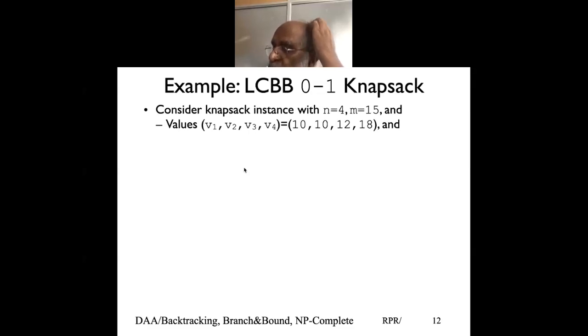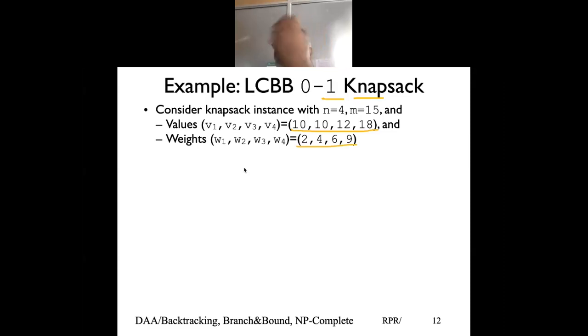Consider a problem of 4 nodes. Given that I have 4 nodes, the knapsack capacity is 15, and the values are these, and the respective weights are these. Given this problem, how do we use least cost branch and bound to solve the knapsack problem?